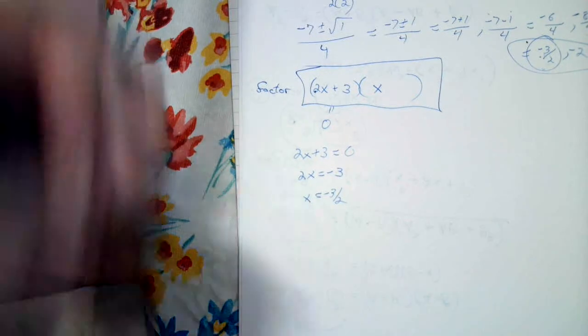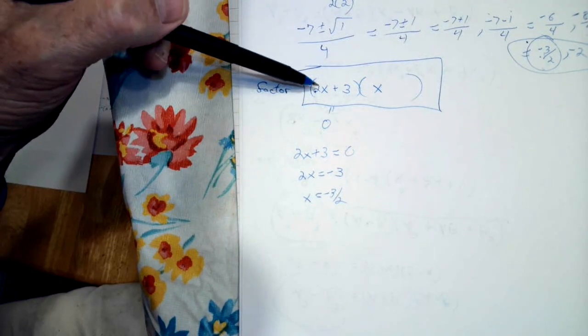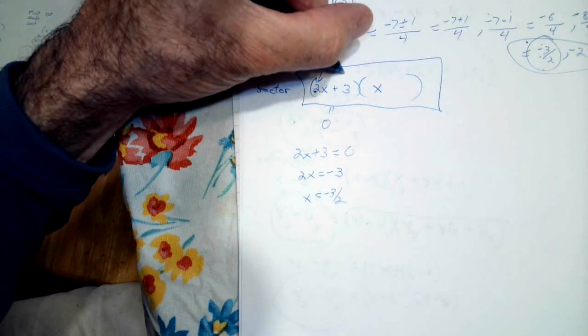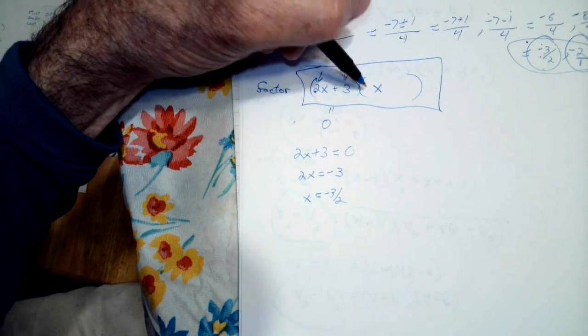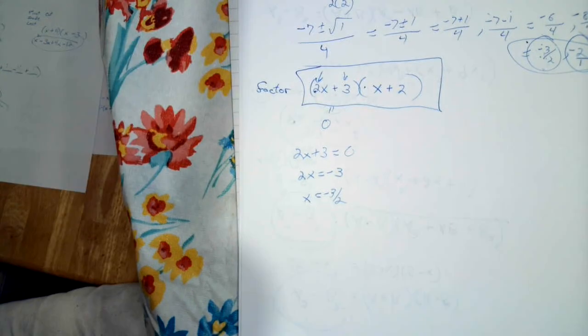But if they say factor and they don't want you to do anything else, you have to get the solutions and work backwards one step. Again, the denominator goes in front, the numerator goes here. What's the other root? The denominator goes in front, that's a 1. The numerator goes second, and change the sign. This is now factored.